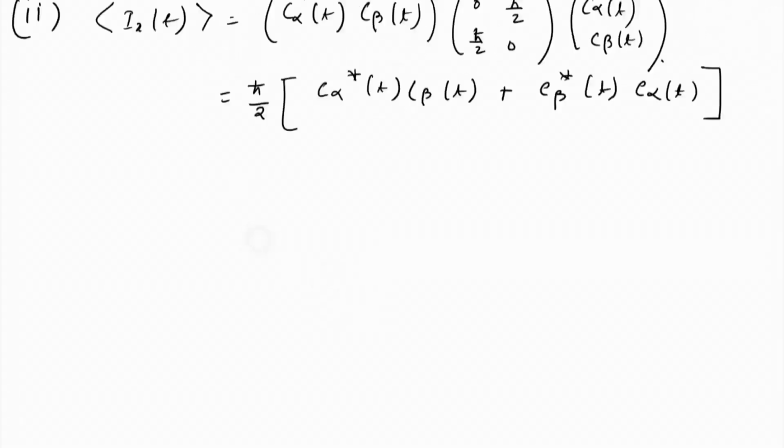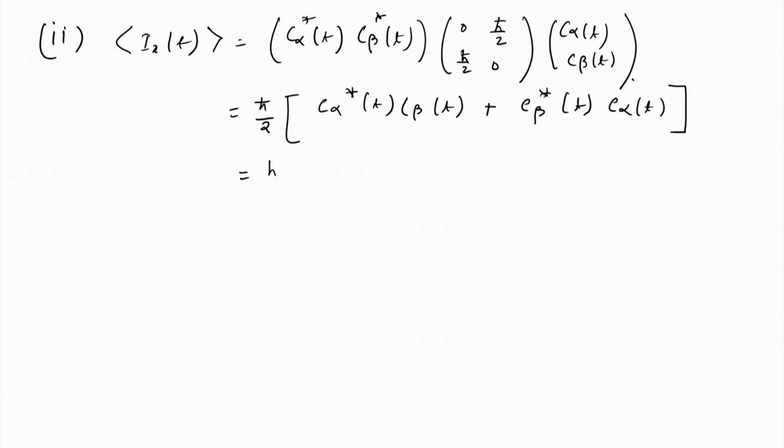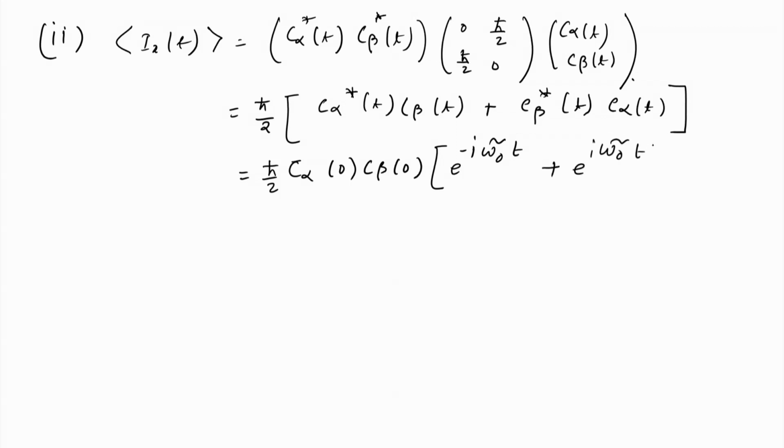This is again equal to ħ by 2 Cα(0) Cβ(0) and exponential minus iω̃t plus exponential iω̃t, which is nothing but twice cosine.